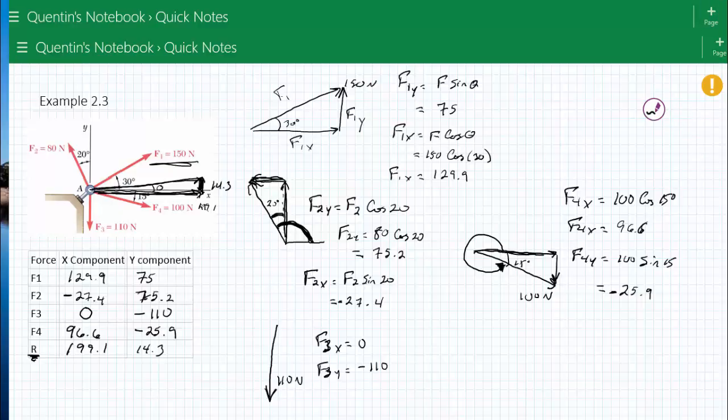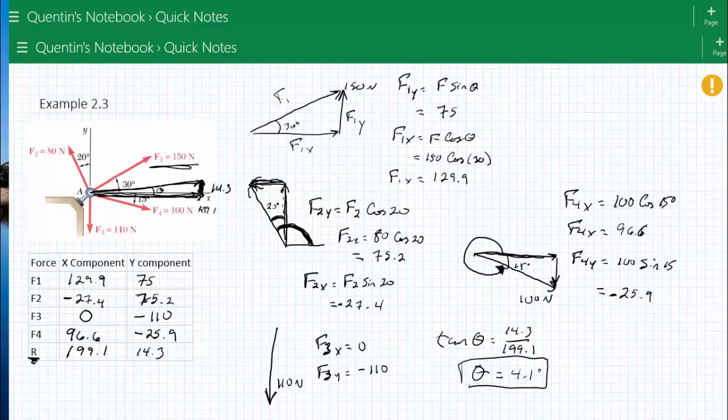Now what is that angle? Well, you can figure out that angle so that tangent of theta is opposite over adjacent, right? So 14.3 over 199.1. So therefore theta is equal to 4.1 degrees. So you could either say that, and I'm personally inclined to say that, the x and y components of it are this: that R is equal to 199.1 in the i direction plus 14.3 in the j direction.